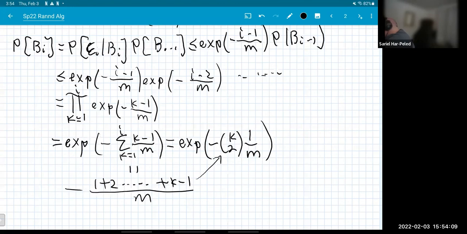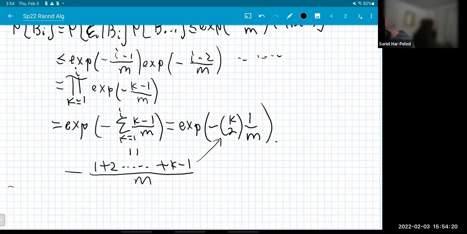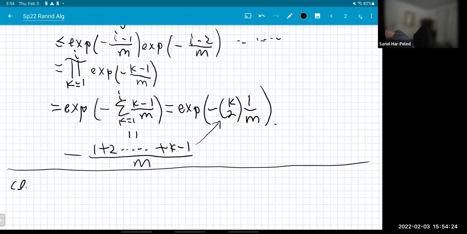So what is this probability? This is the probability that all the birthdays are distinct. Going back to our example beforehand, let me just state the claim we got.